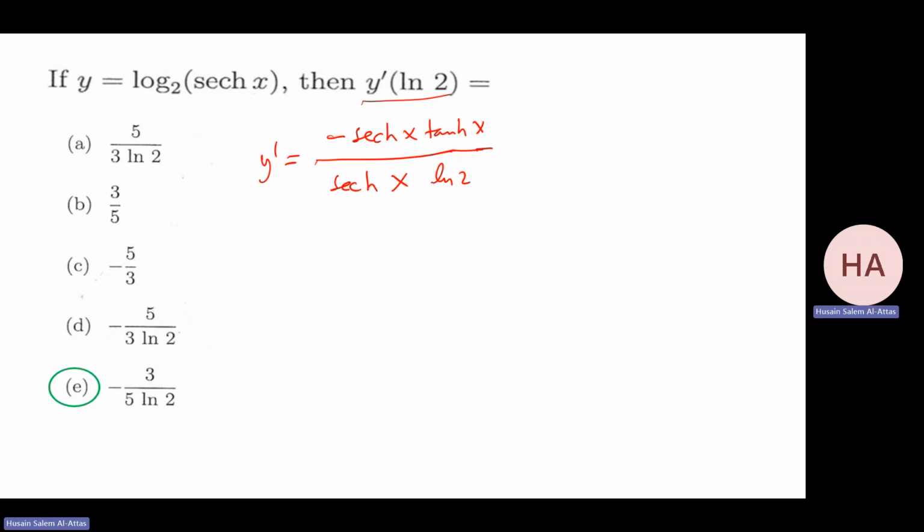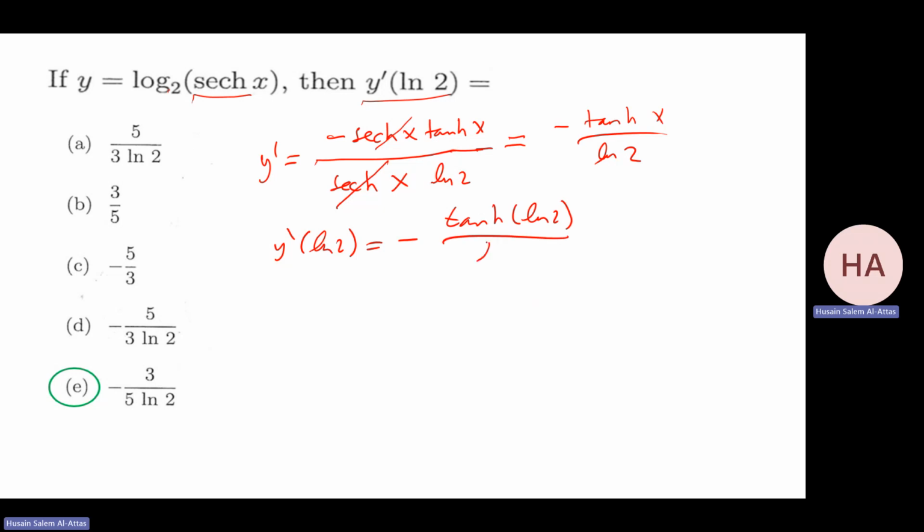This is u, so 1 over u ln2 times the derivative of u, which is this. Now this is cancelled, so I have minus tan hyperbolic x over ln2. Y prime at ln2 will be minus tan hyperbolic at ln2 over ln2.